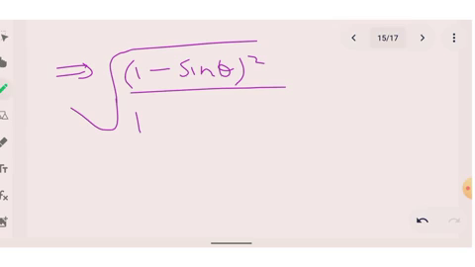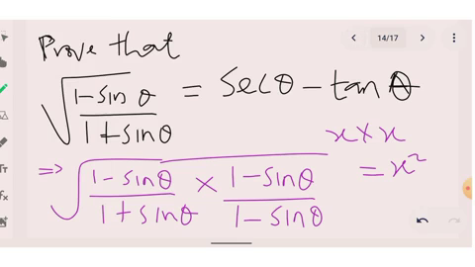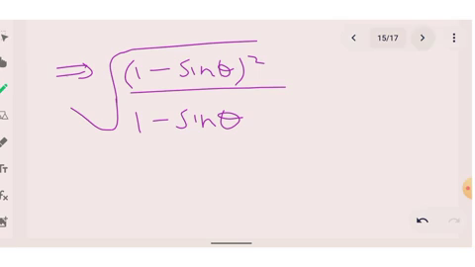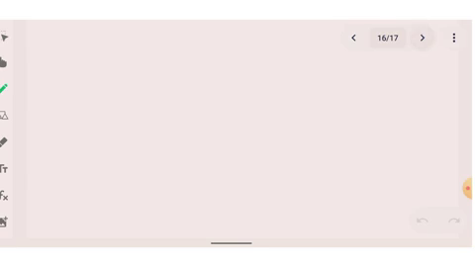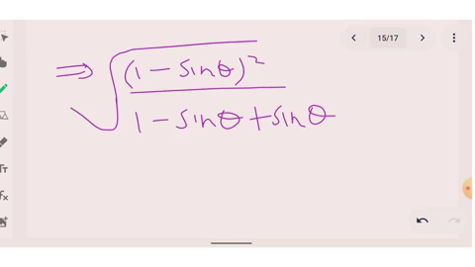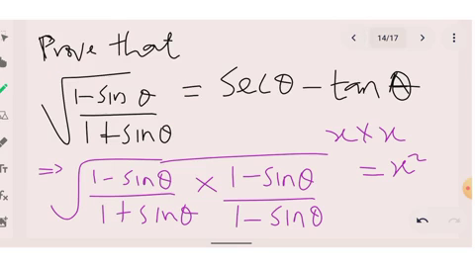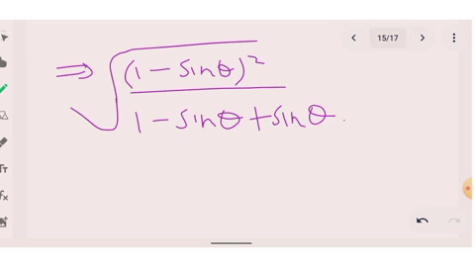So now we're going to have minus sine theta. And also sine theta times 1, we are going to have plus sine theta. Then lastly, sine theta times minus sine theta. So we are going to have minus sine square theta.